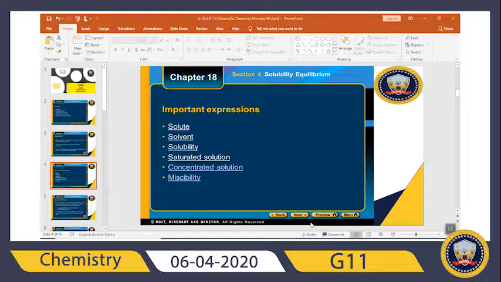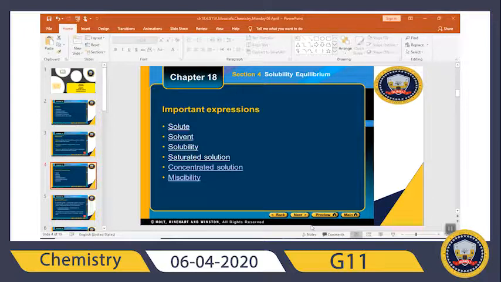In a saturated solution, the solute dissolves in water until the time of saturation, the time when no more particles can be dissolved in the solvent. That means the full capacity of the solvent to take solute. So now you can differentiate between a concentrated solution and a saturated solution.